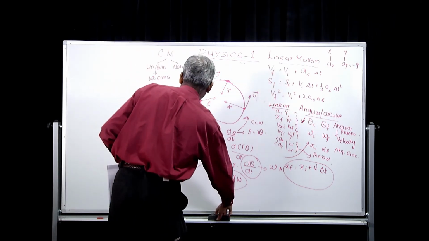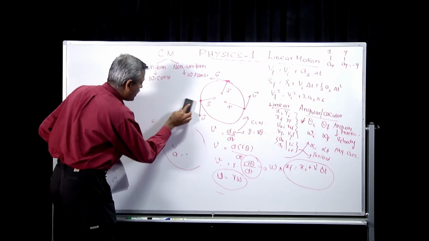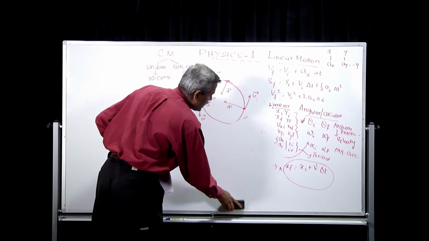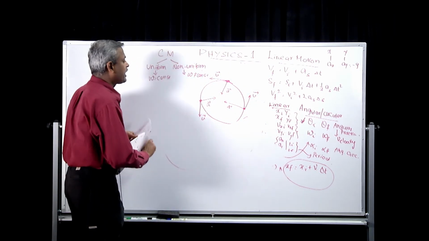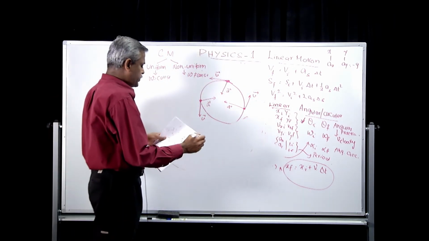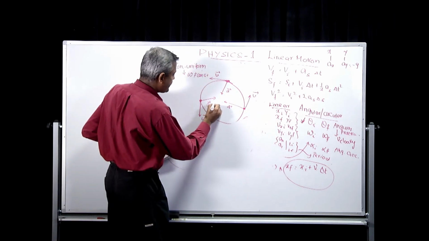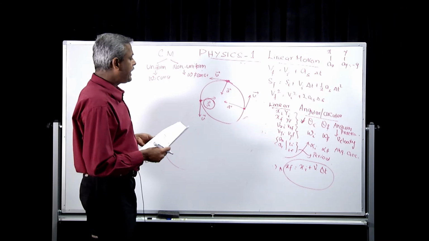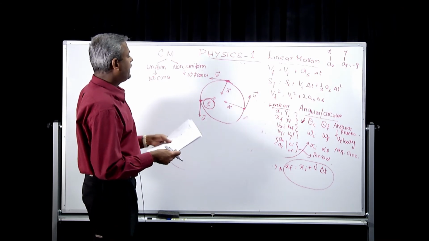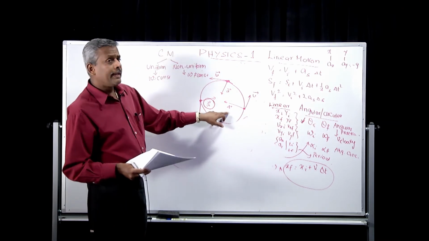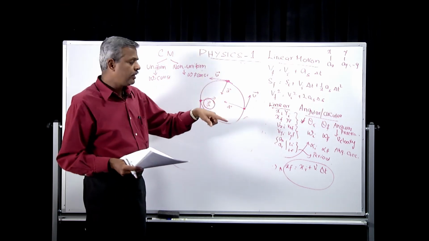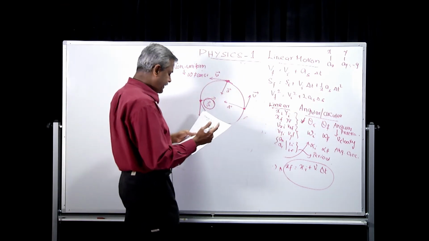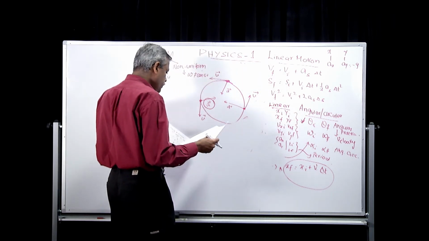Then probably we will come to a conclusion with one more equation to get the linear and angular kinematic equations. So, a is a centripetal acceleration, meaning if there is uniform motion, the acceleration is toward the center.